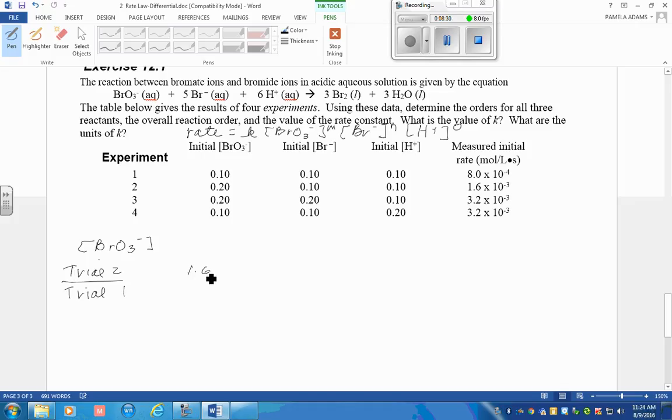So 1.6 times 10 to the negative third is equal to the rate law constant times the value for the BrO3 minus times the Br minus times hydrogen ion. I'm going to compare it to the rate here.